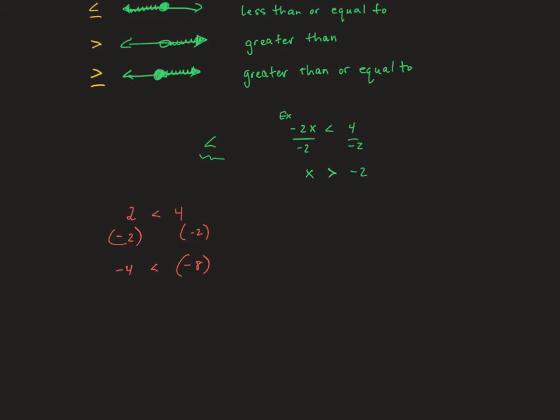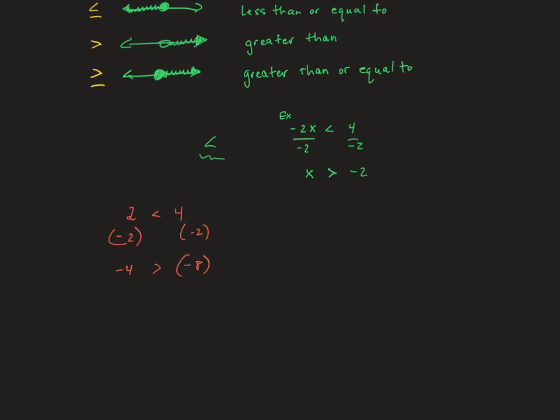And now, as you see, this is no longer less than. Negative 4 is not less than negative 8. Negative 4 is actually greater than, so that's why my sign would reverse because of that multiplication or division process.